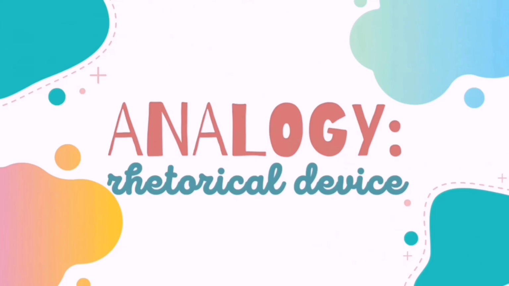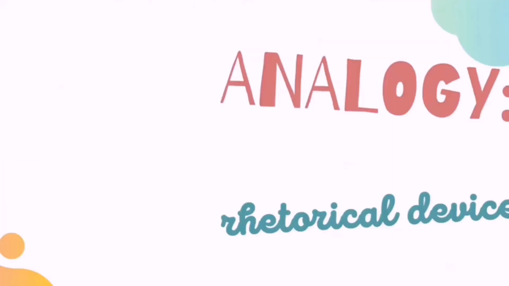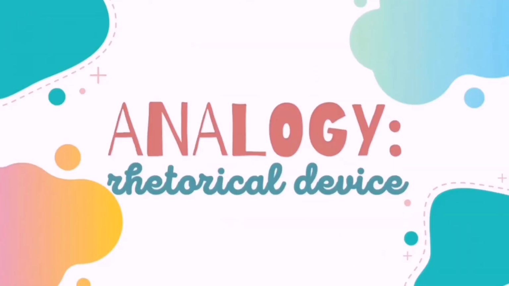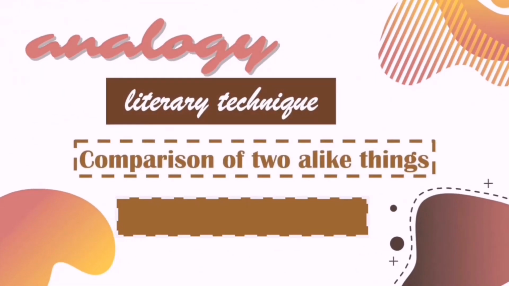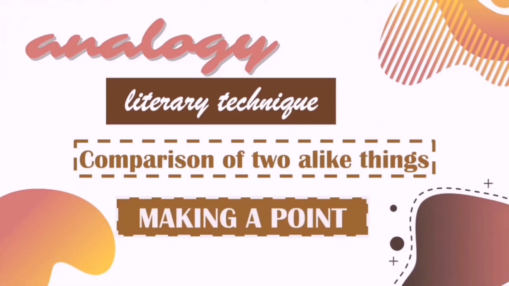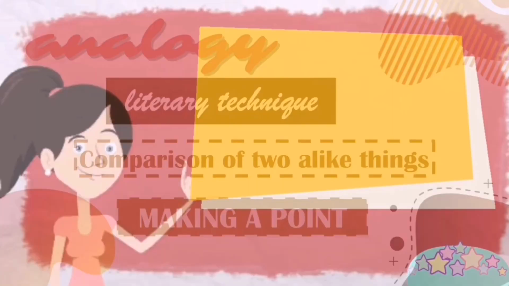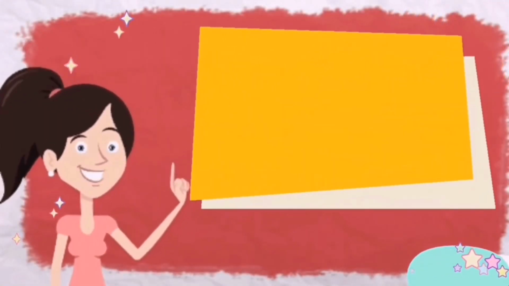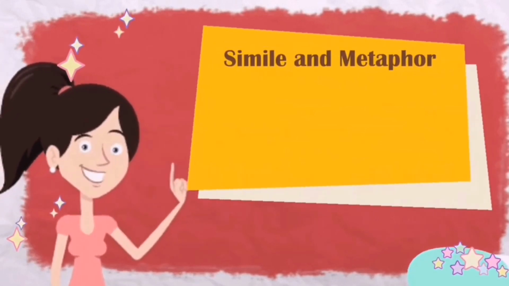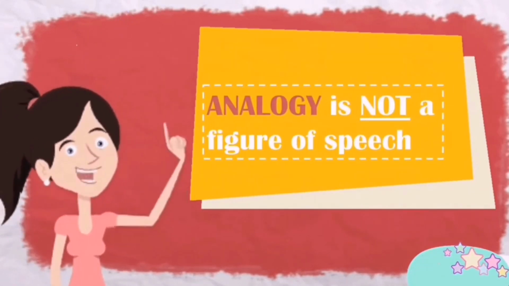One example of this is a technique that is commonly called analogy. It is a literary technique that involves comparison of two things that are alike, but with the ultimate goal of making a point about this comparison. Although often quite similar or related to simile and metaphor, an analogy is not a figure of speech.